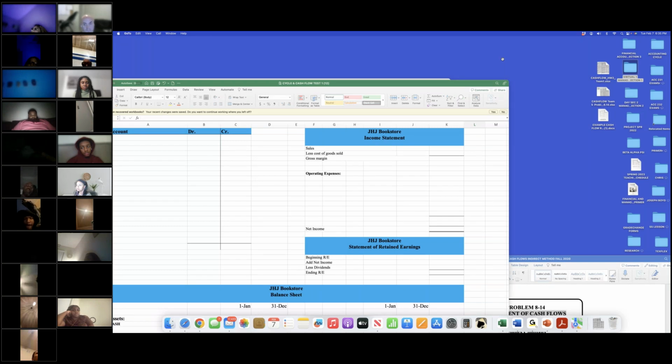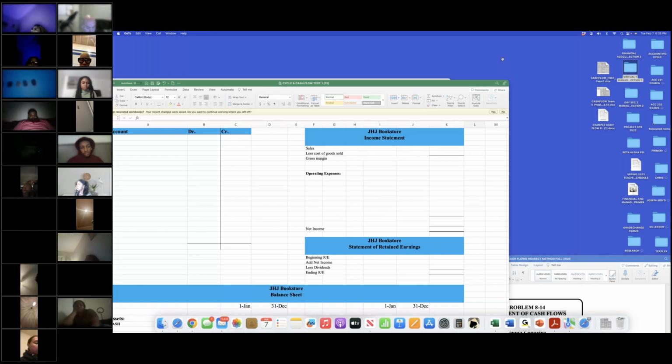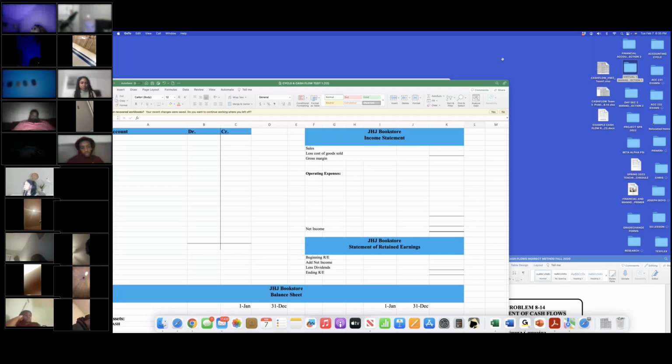What you want to start on is the beginning of the year balance sheet. Let's try to get the beginning of the year balance sheet done first. Let's try to get that done today.